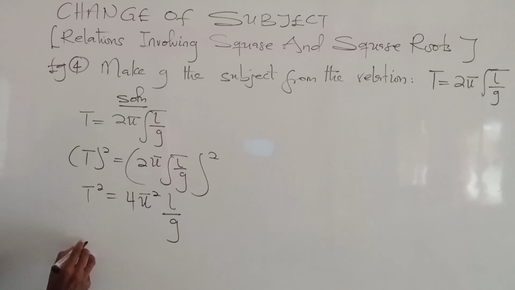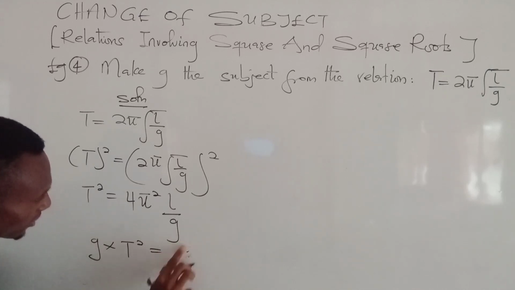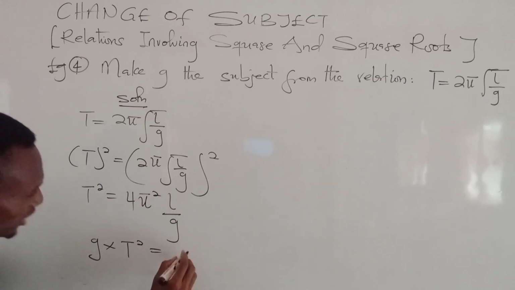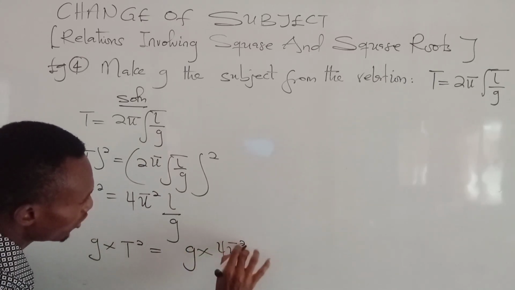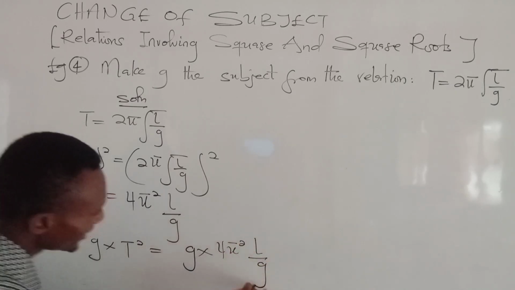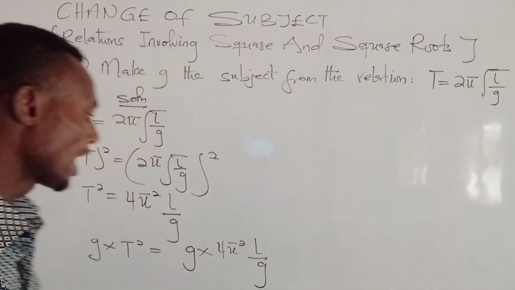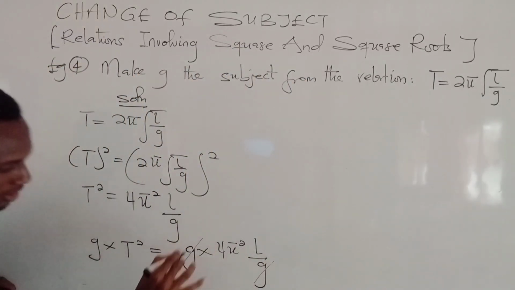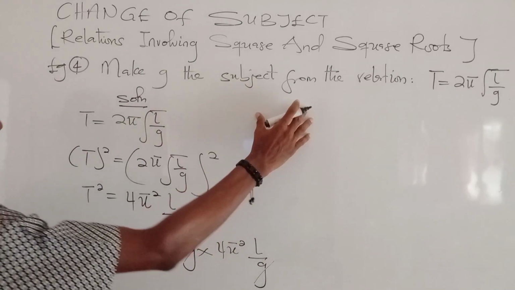So I'm going to have G times T squared equals to G times the whole of this, because it's one term on its own. So G times 4 pi squared L over G. I hope you agree with me up to this point. So now this G and this G can cancel away. Now let's take our time and write what we have left.